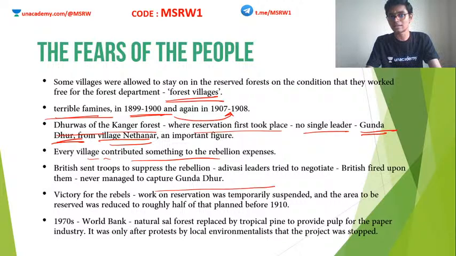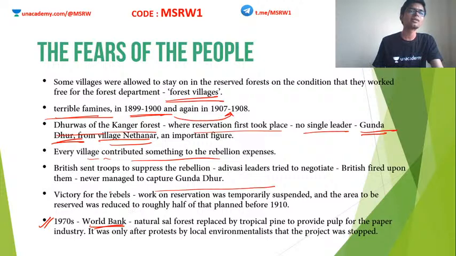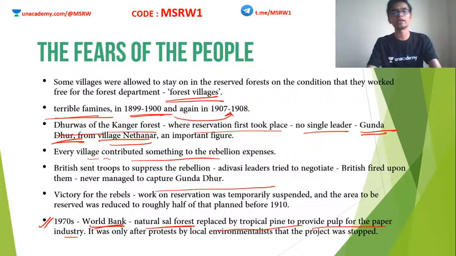But we have to understand that later, in the 1970s also, some similar occurrence happened in independent India. The World Bank started a project which was based on the natural sal forest. This natural sal forest was replaced by tropical pine to provide pulp for the paper industry. This was a World Bank led project implemented in India.